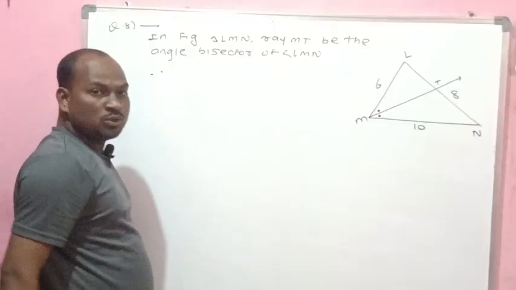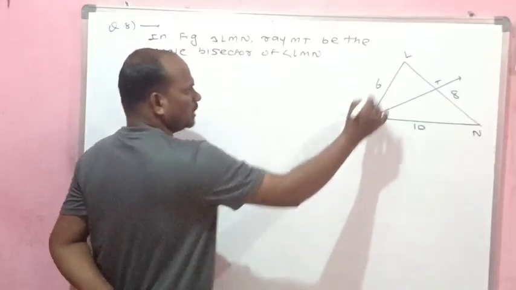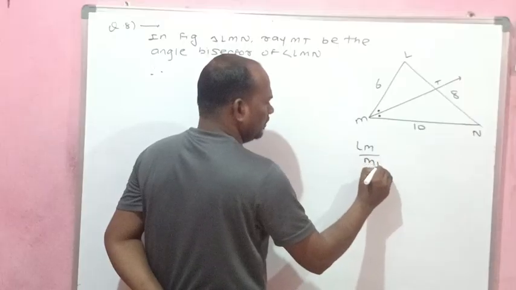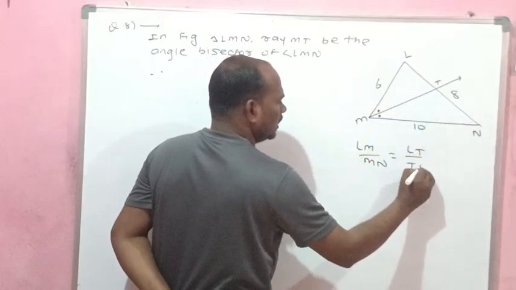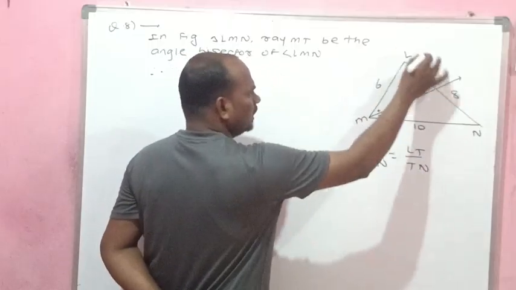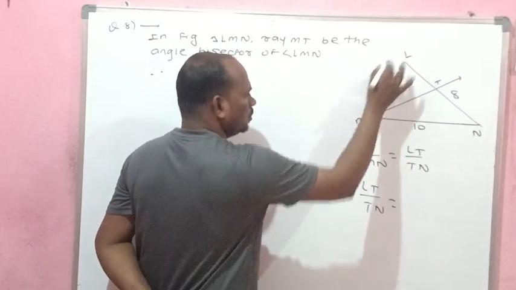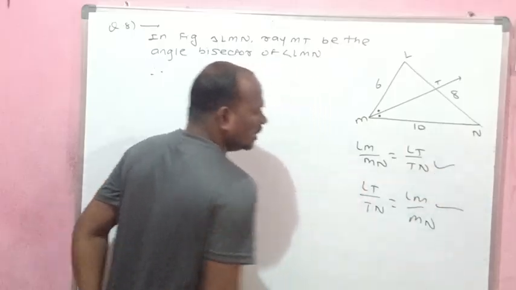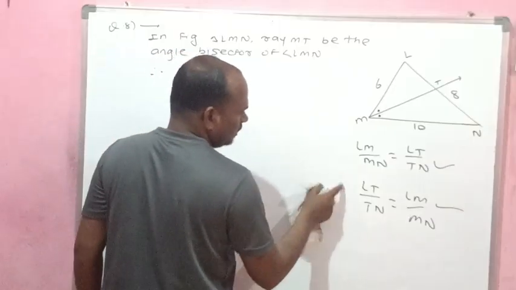Then by using the angle bisector theorem, LM divided by MN is equal to LT divided by TN. We can use LT divided by TN is equal to LM divided by MN. Both are correct, then we can use this equation.